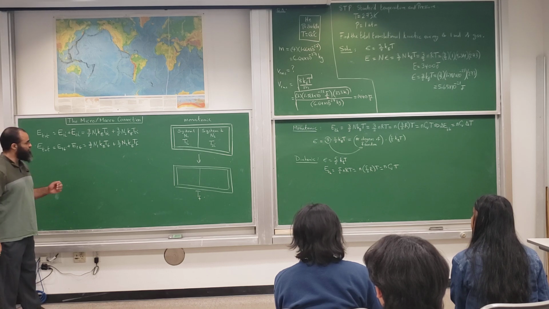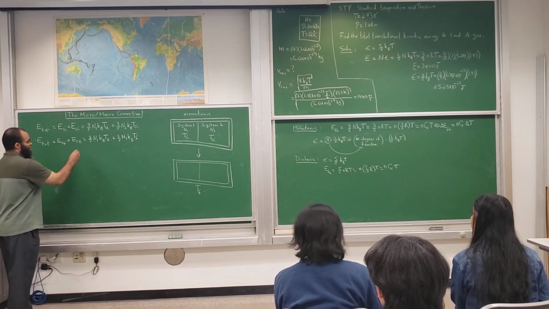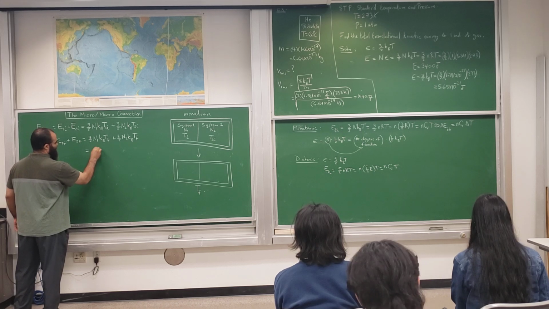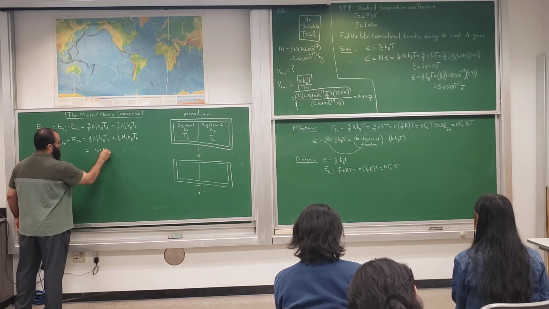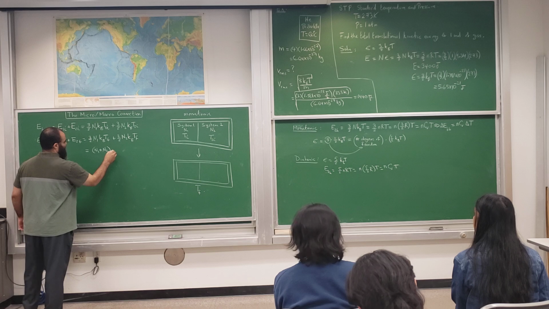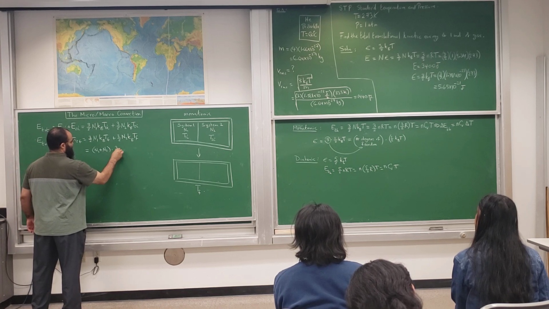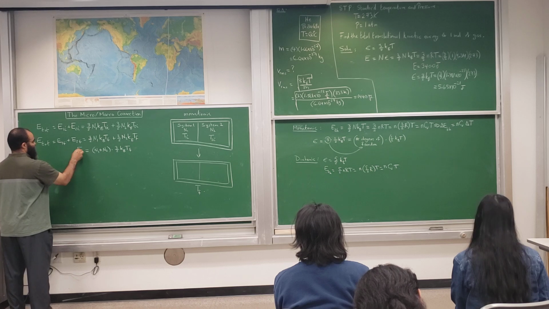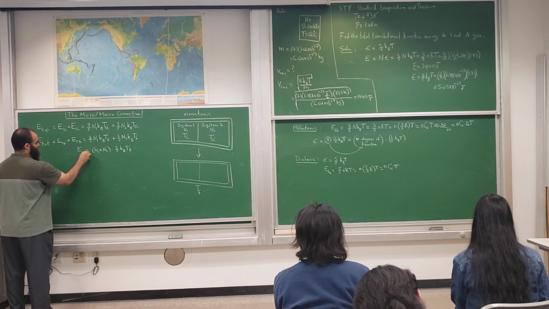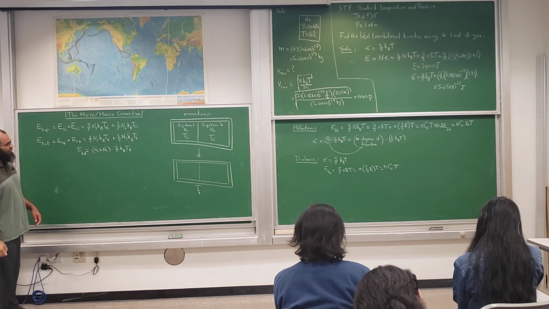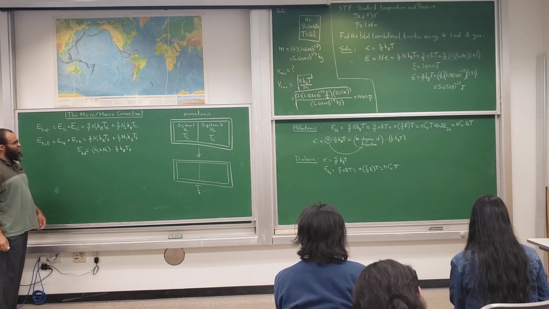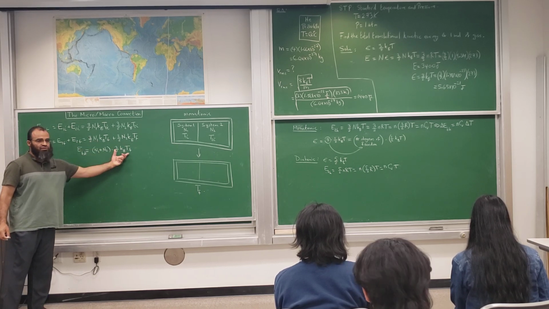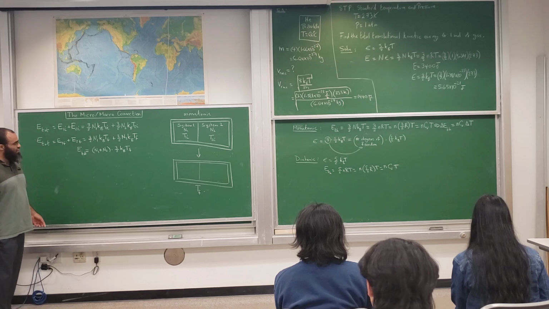It will reach some final temperature. And this is going to be written as N1 plus N2 times 3 halves kB T final, which is E total. Because the 3 halves kB is common, which is fine.